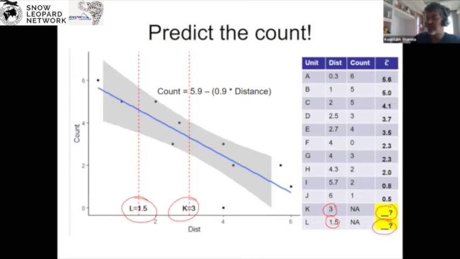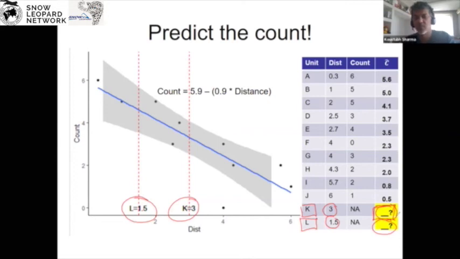How many animals should be there in a hypothetical or imaginary sampling unit K and an imaginary sampling unit L, which are at 3 and 1.5 kilometers from the river? Can someone do this quickly and let me know?